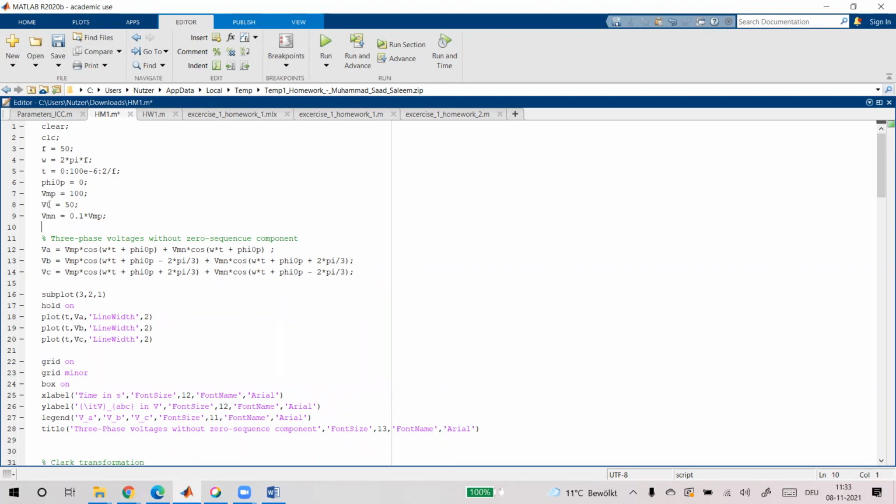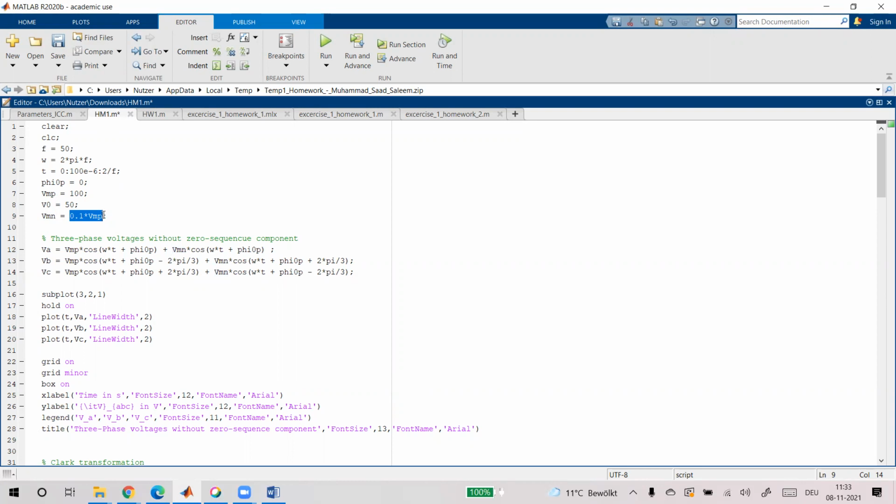Okay. So now we have positive sequence and negative sequence in the system, and the negative sequence has 10 times the magnitude of the positive sequence. So what do you expect?